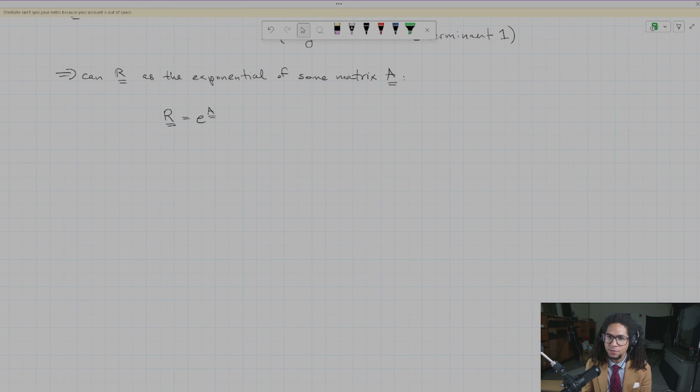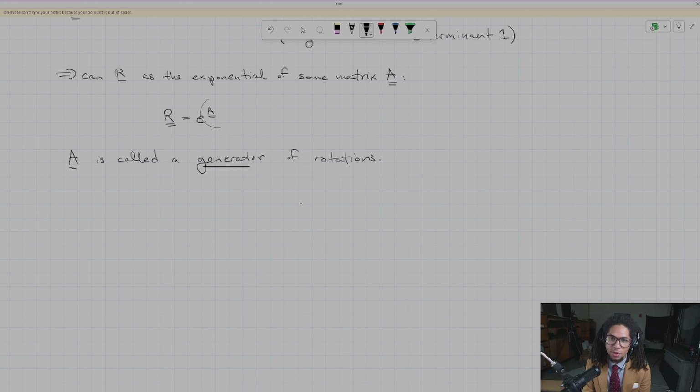All right. A is called a generator of rotations. And these generators are quite useful because whereas describing the set of all possible rotations in some number of directions is really challenging, there are a lot of different ways that rotation matrices can look.